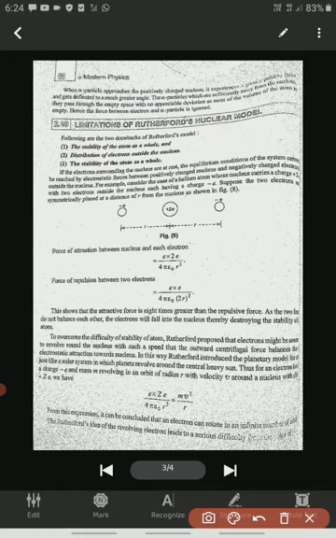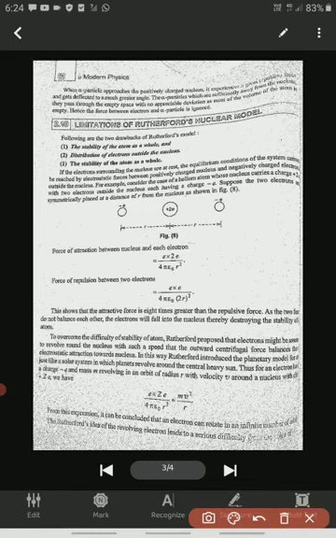The distance from the nucleus to the electrons is symmetrical, the same distance. So the positively charged nucleus and the negatively charged electrons maintain a symmetric, same distance.